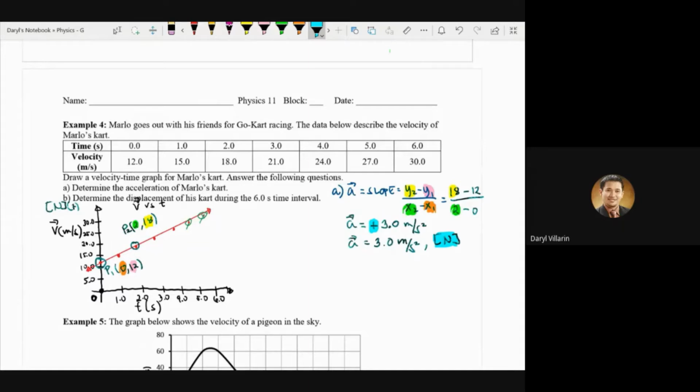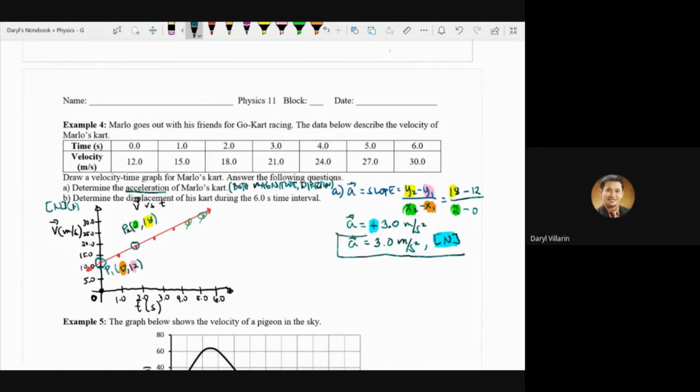So north direction. It must be, because the question is acceleration, that means both magnitude and direction. In some cases, you might be asking for the magnitude.